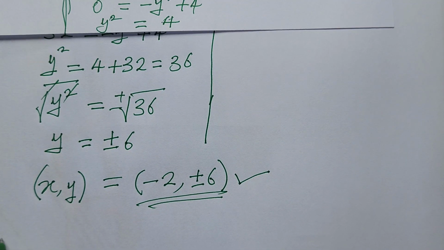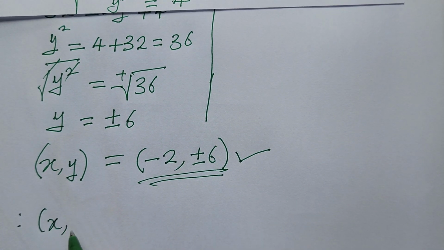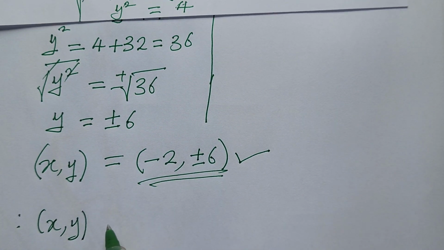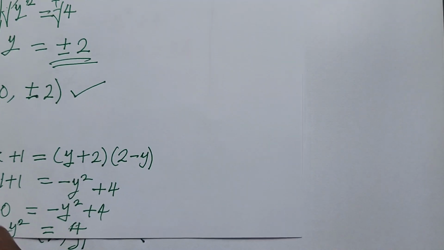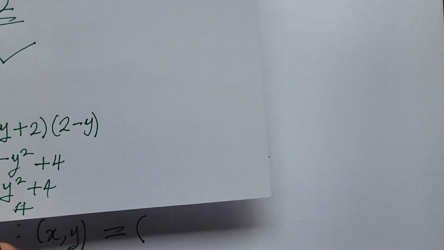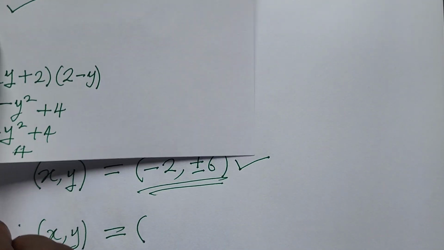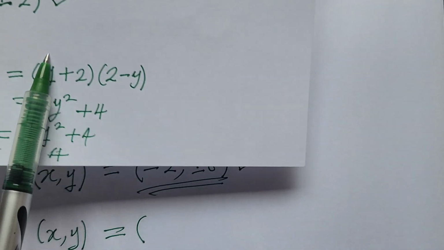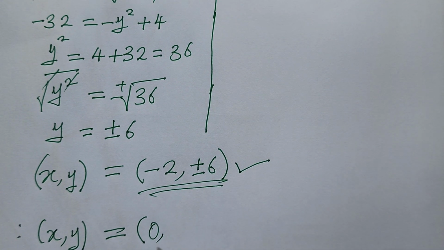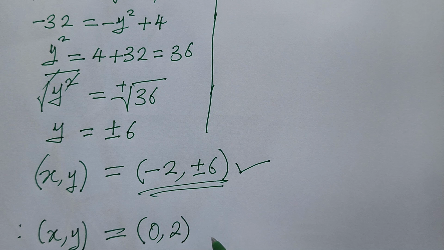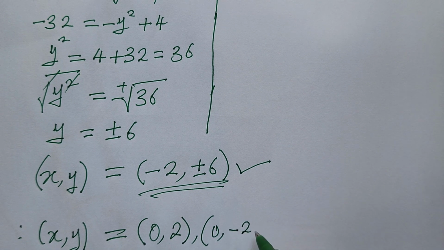So you can now say, therefore, x comma y will now be equal to the following. Case 1 is not accepted, so for case 2 we have 0 comma plus or minus 2. So we're going to have (0, 2) and (0, minus 2).